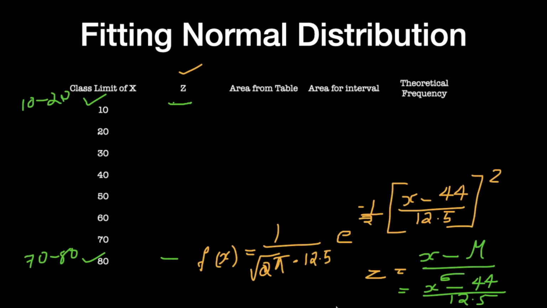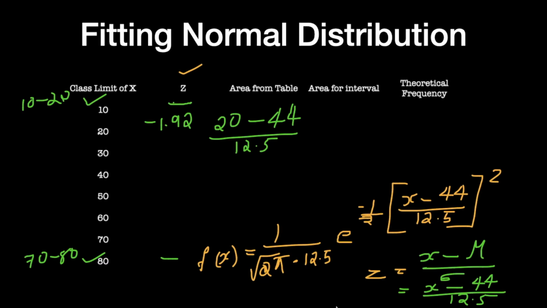We know that for 20, the standard normal variate will be 20 minus 44 divided by 12.5. So it comes to around negative 1.92. This will be our standard normal variate value for x being 20.